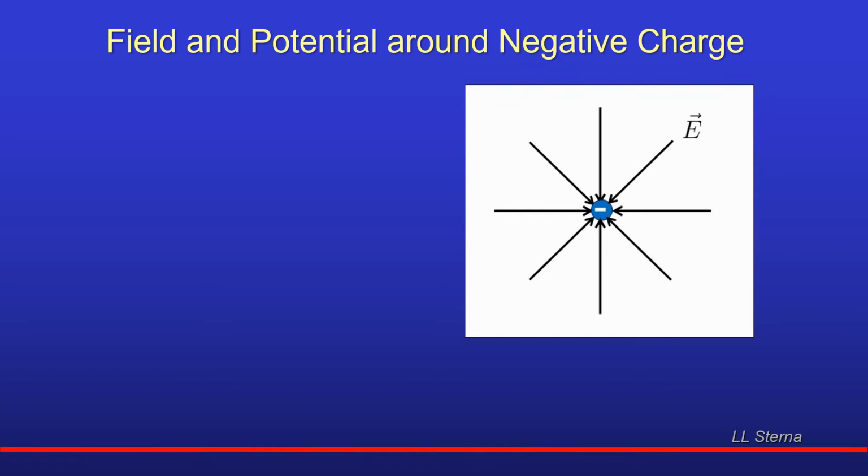Since the field points inward from every direction, there must be a changing potential in every direction around this negative charge. And since field points to lower potential, the potential must be decreasing in the vicinity of the negative charge.